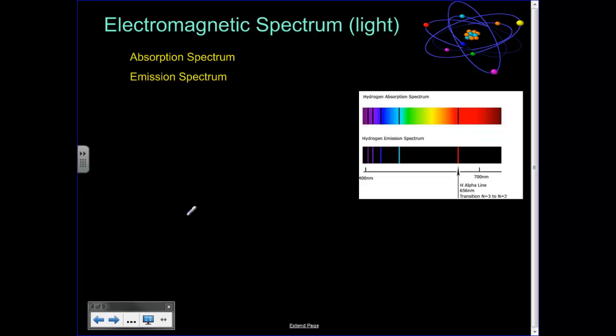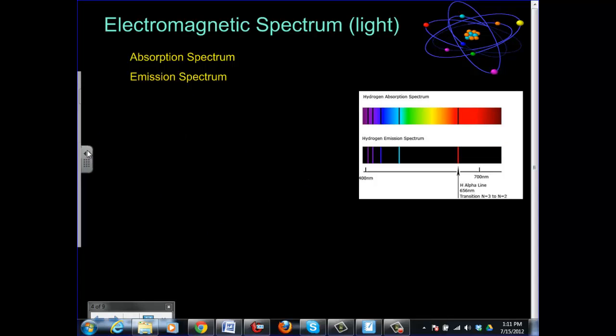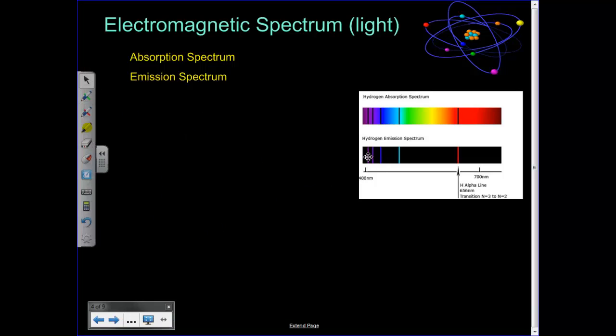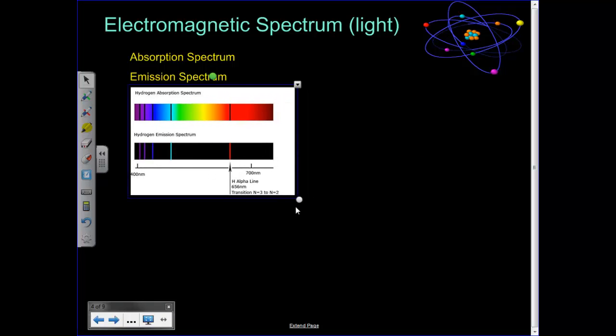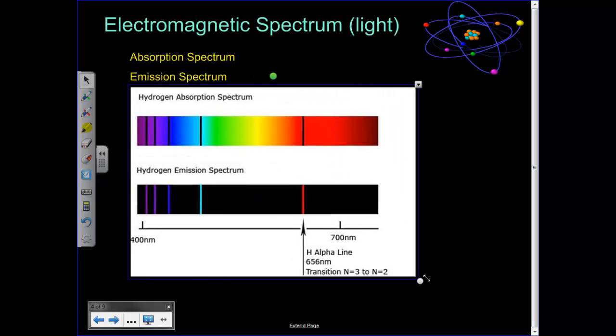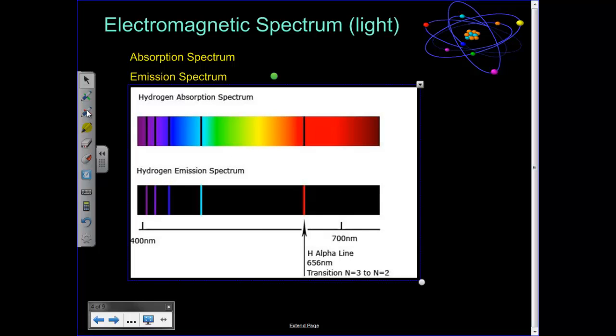Now, because we know the energy of light by what we just looked at with that equation, we figured out that with different gases, we got this thing called an emission spectrum.